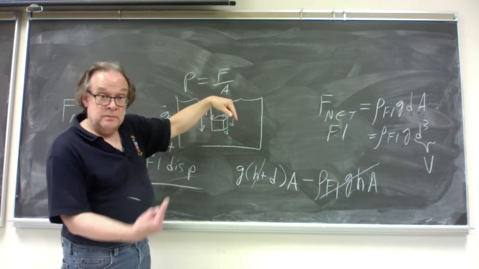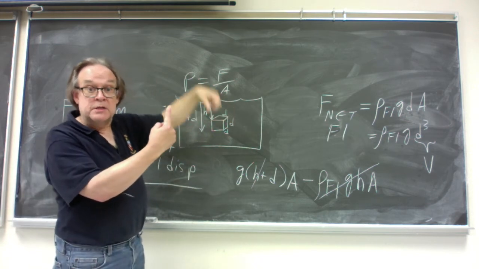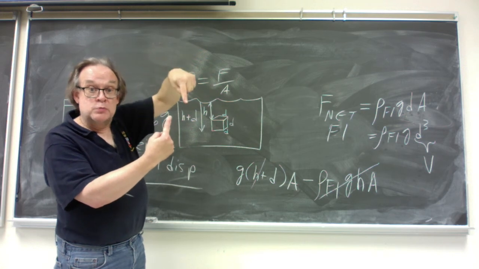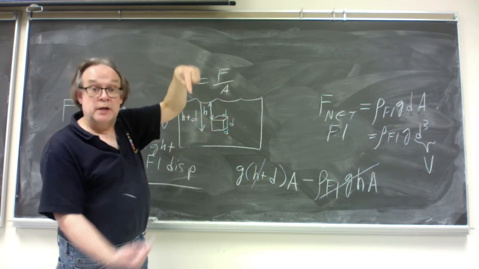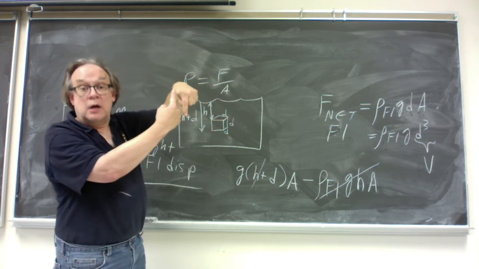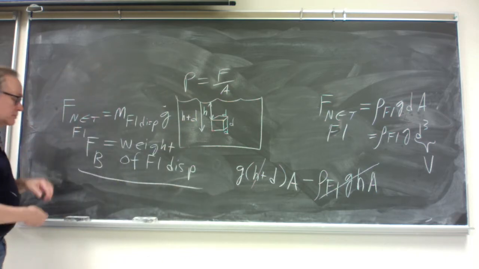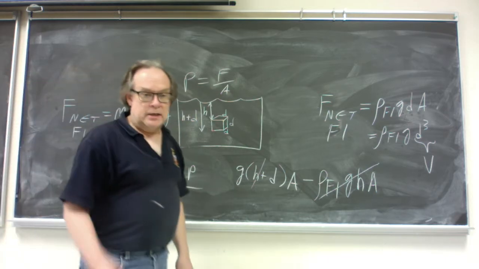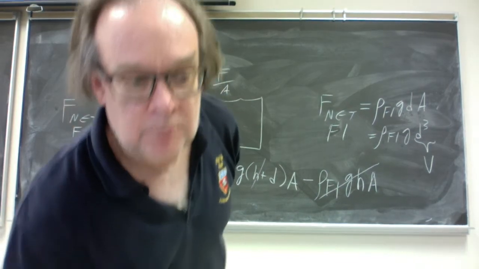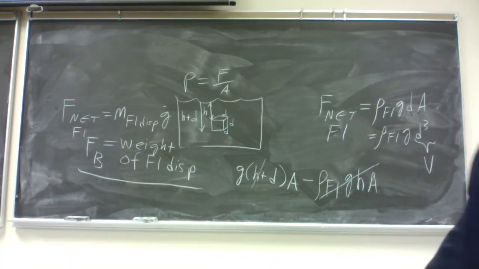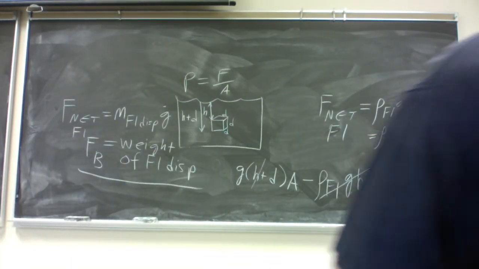So the upward force pushing on the bottom is bigger, the downward force pushing on the top is smaller, so the net result of those two is upward force, and that's the buoyant force. Let's just look at a couple examples here, thinking about buoyant force.